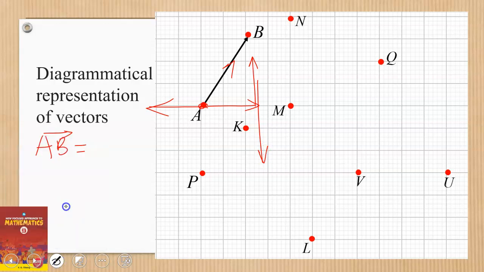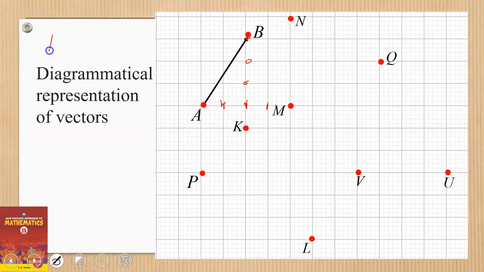So from point A to point B, we move 1, 2 along the x-axis. Then we move upwards 1, 2, 3. And so vector AB will be equal to x is 2 and y is positive 3. So we have 1, 2, then 1, 2, 3.